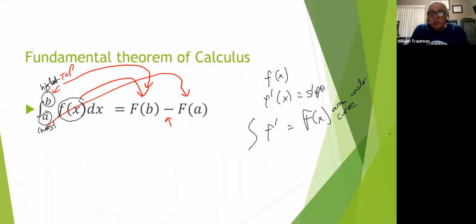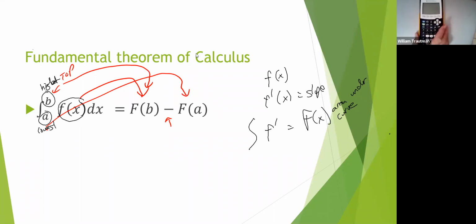And I want to show you a quick example using my calculator. So let's do integration using the calculator really quick. Before we even begin, here's my function, x squared, and I want to integrate x squared.